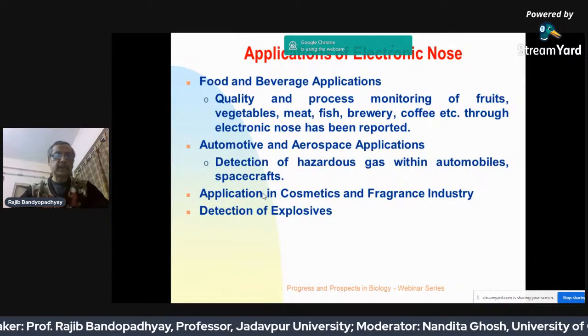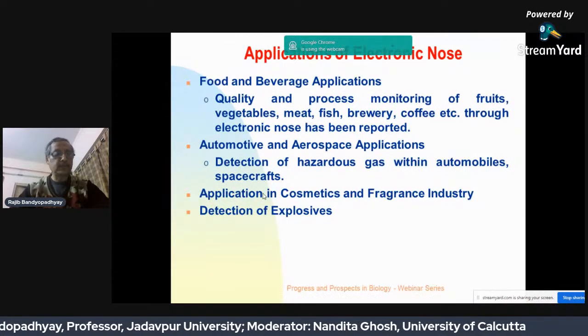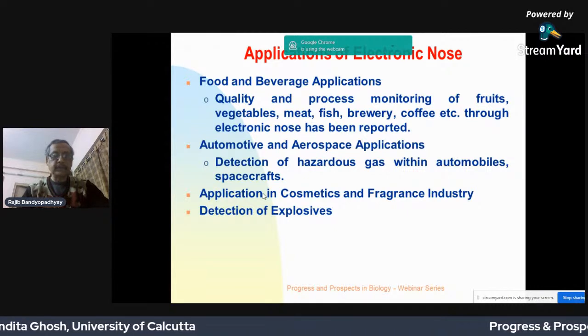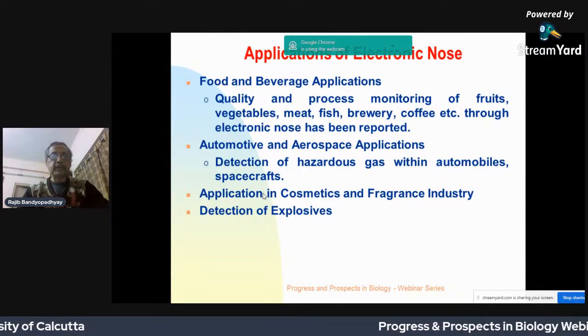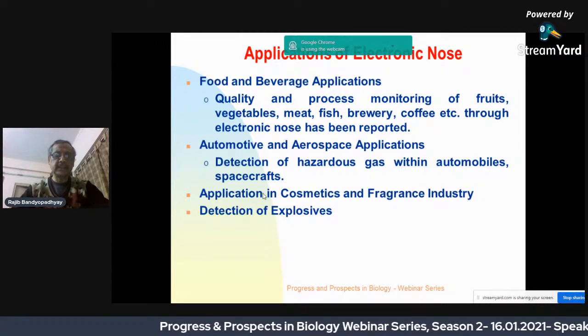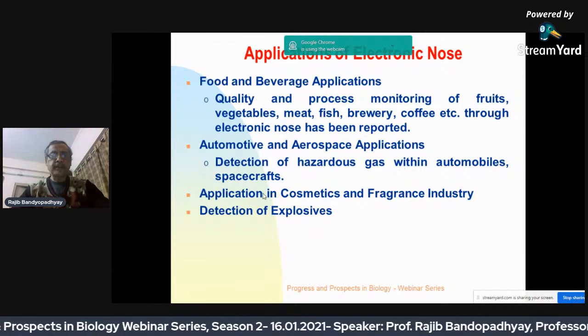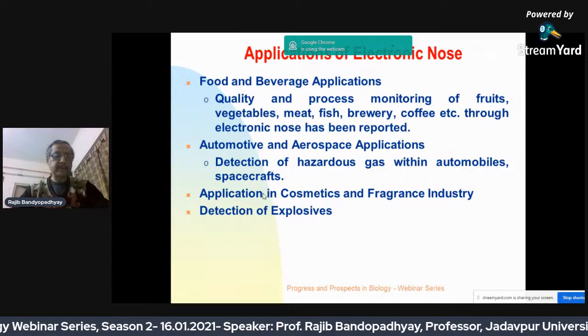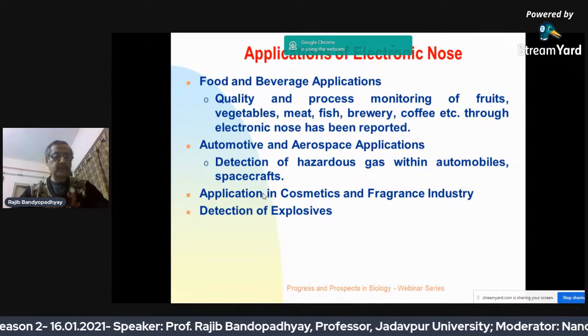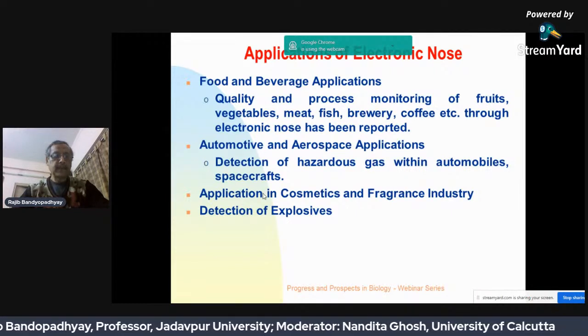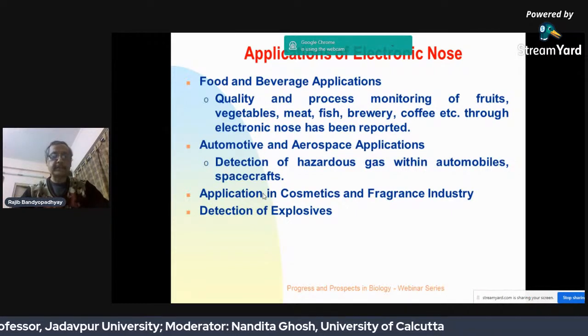But one of the most important, or the widest area where electronic nose is used, is in the area of food and beverages. And this electronic nose has been used for quality monitoring of all this food and beverages: tea, coffee, cold drinks, meat, fish, and so on. And for aerospace application, NASA used one electronic nose to monitor the internal environment of the aerospace, and that traveled in space quite some time back.